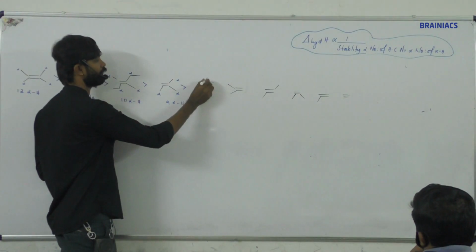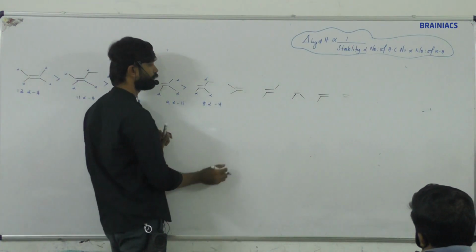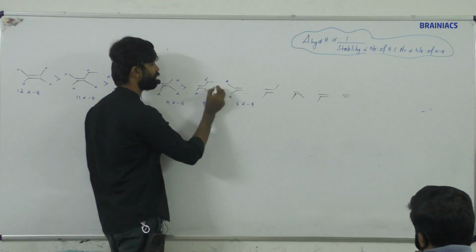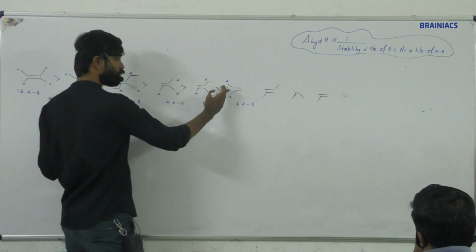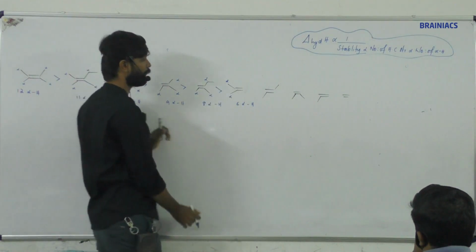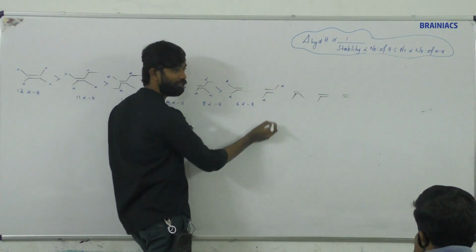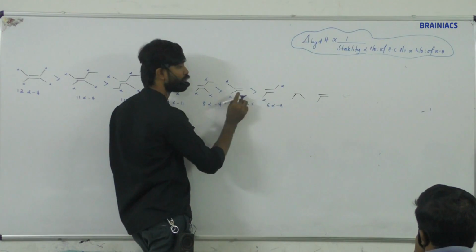I'm sorry. 8, okay. 6 alpha. So this is up to this much. Okay. Alpha, alpha. 6 alpha. But this is more stable than this one.